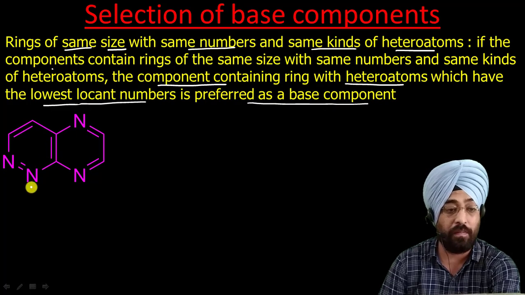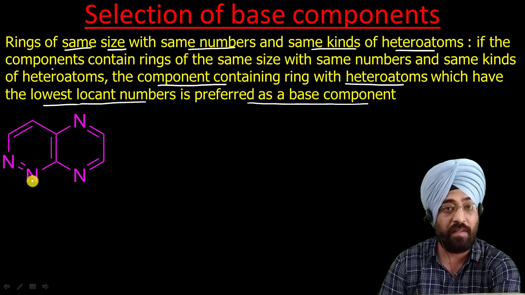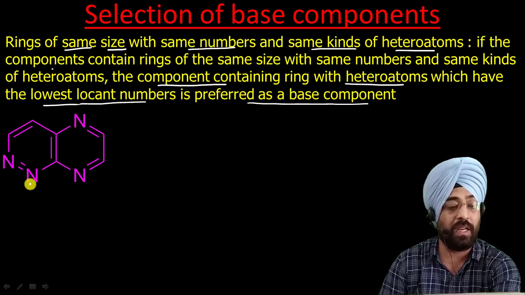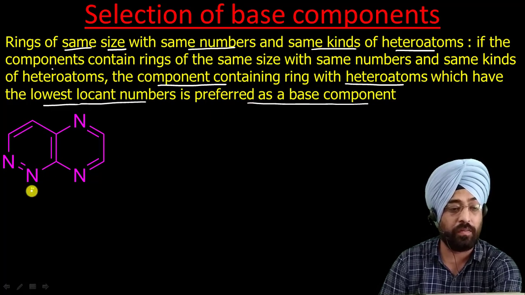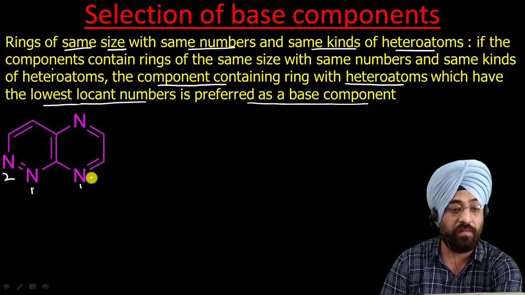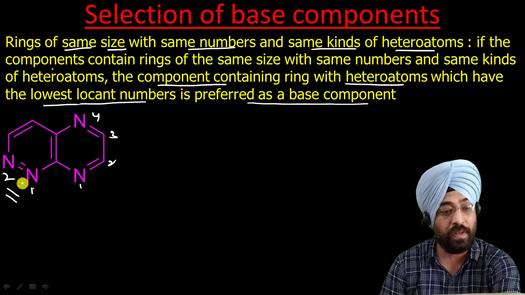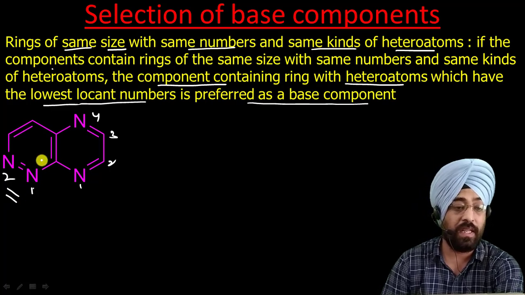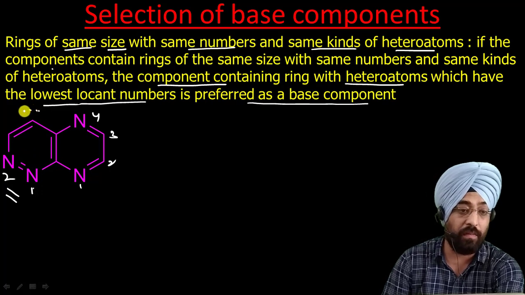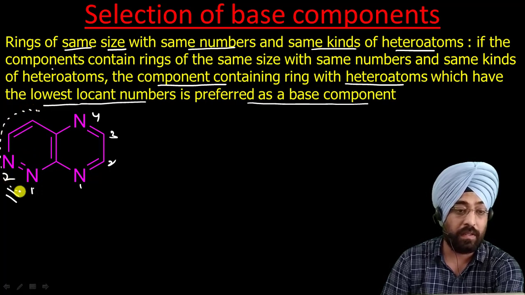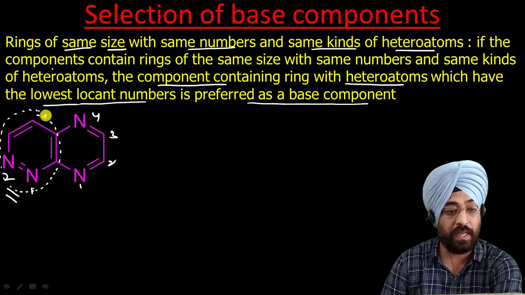Or we can say we have to choose that ring in which the heteroatoms are closer. Suppose the numbering, abrupt and not accurate, gives 1 2 here, and 1 2 3 4 there. So here the locant position is less. In simple words, the ring in which the two heteroatoms are closer will be selected as the base component, and this component is pyridazine.